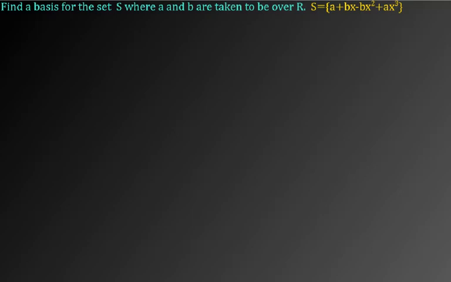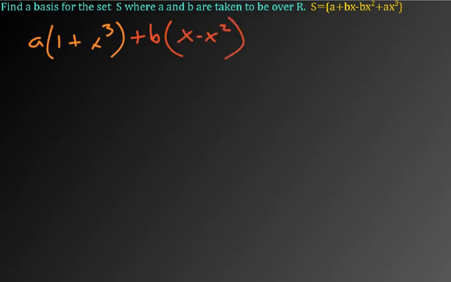And here it's really not too bad. Basically what you can do is group like terms. Notice that I can pull an a out of the terms, giving 1 plus x cubed. Then I can add to that b, taking a b out of x minus x squared. That's right from here.